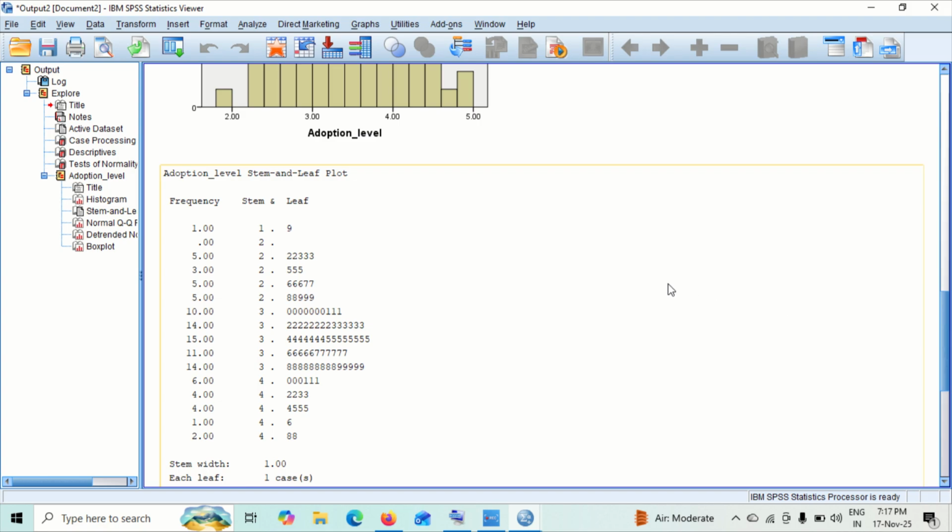From the plot itself, most adoption levels are in the 30s range, that is the highest frequency. All the values range between 19 and 48. Therefore, the distribution seems somewhat spread out, with a concentration of values in the 30s. Therefore, we can say that the data is normally distributed.